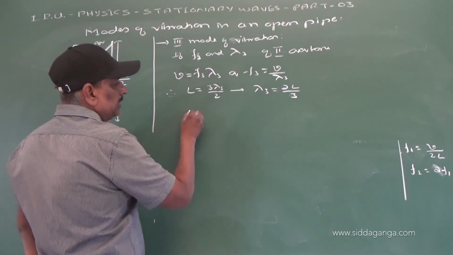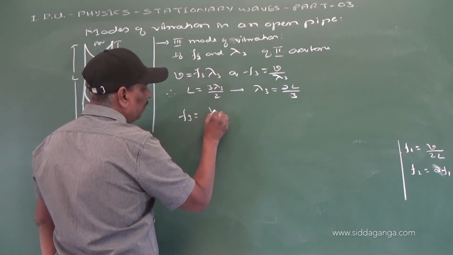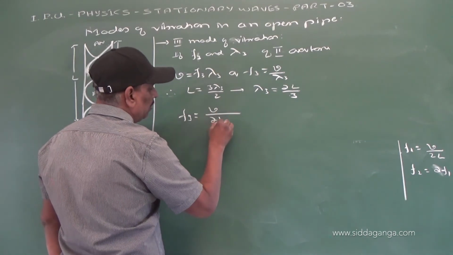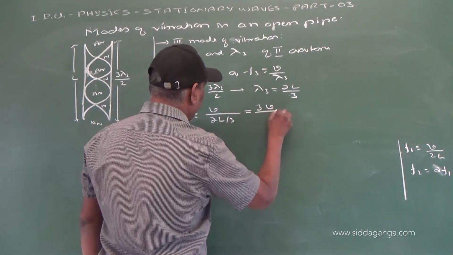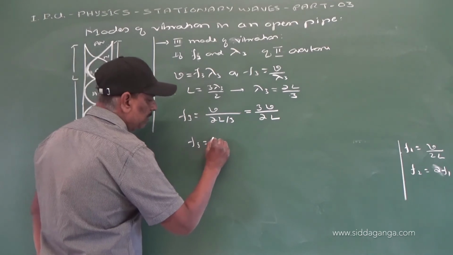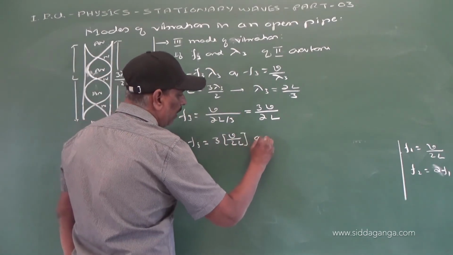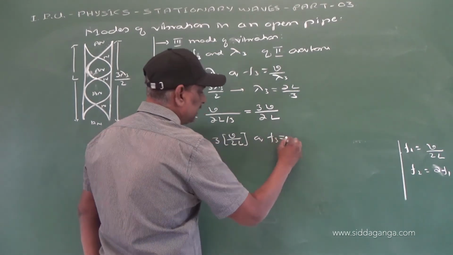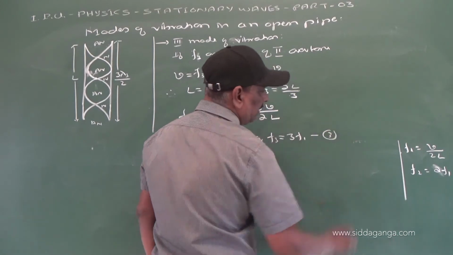Now the frequency F3 is equal to V divided by 2L over 3, that is 3V by 2L, or F3 is equal to 3 times F1, equation 3.